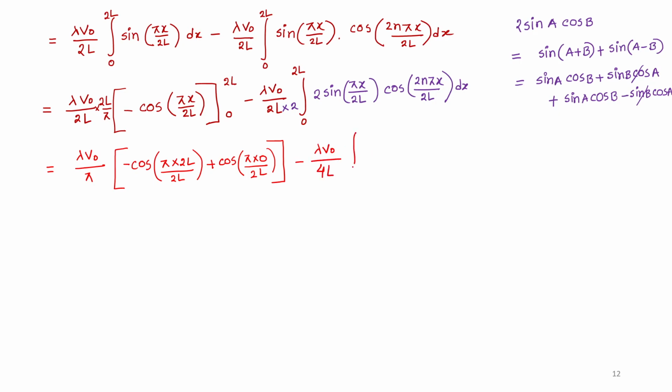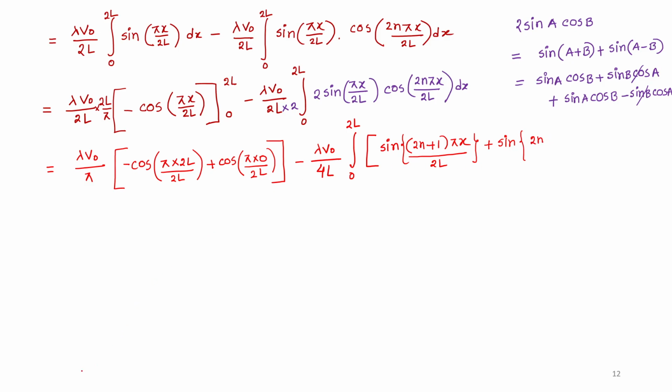Right, now it will go from 0 to 2L, and here we'll have sine(A plus B), that is your pi x plus 2n pi x by 2L, that is actually (2n plus 1) pi x by 2L, plus sine of 2n.